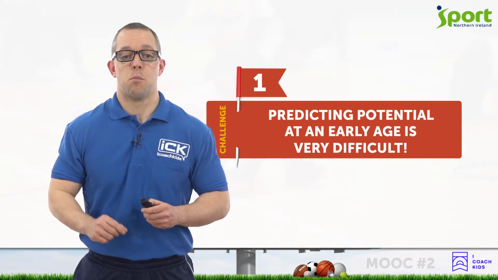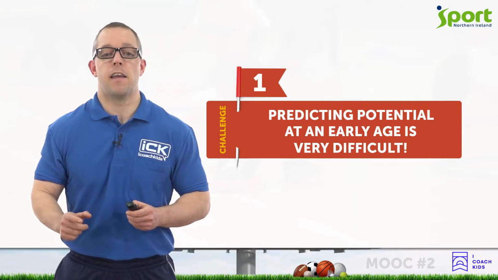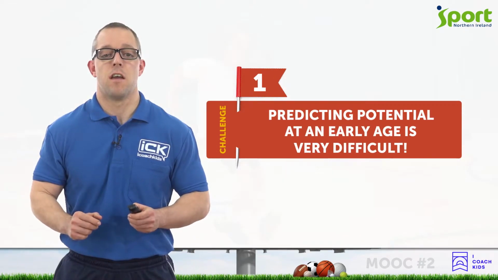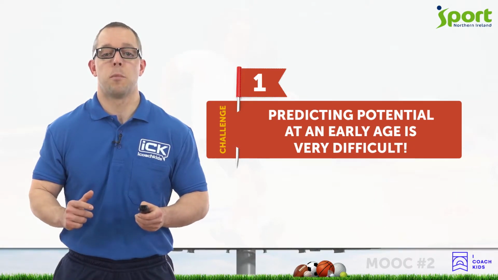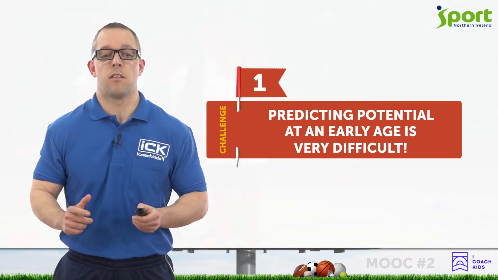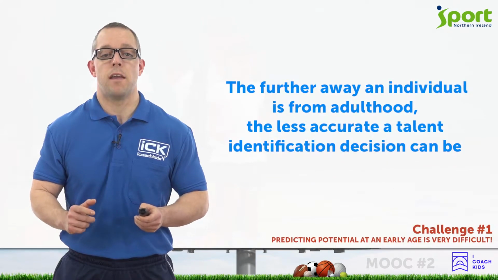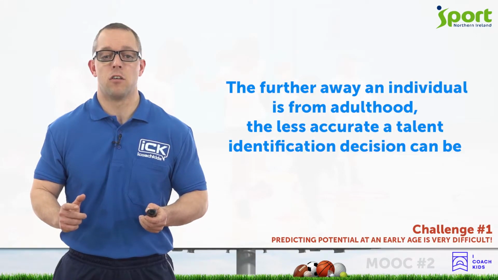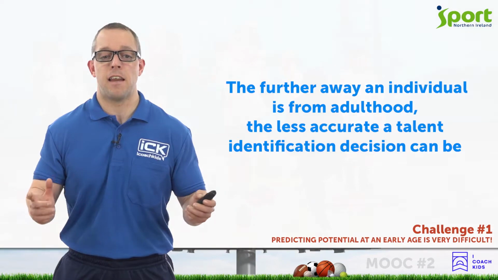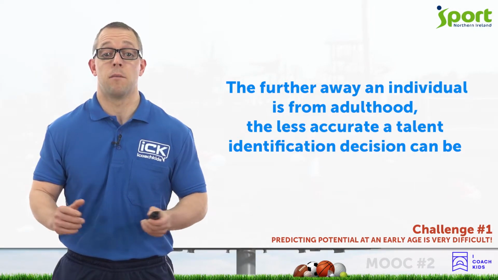Challenge 1. Predicting potential at an early age is very difficult. Talent identification ultimately involves trying to predict the future. The further away an individual is from adulthood, the less accurate a talent identification decision can be.